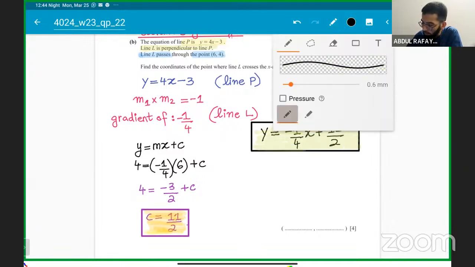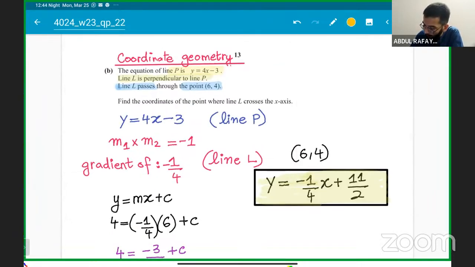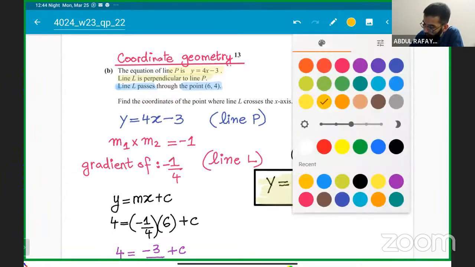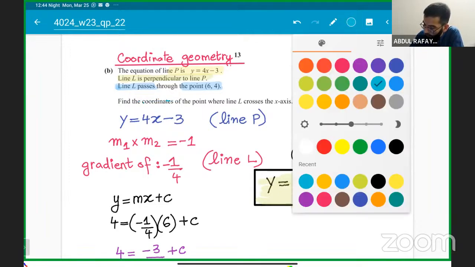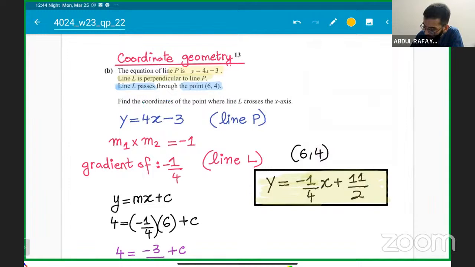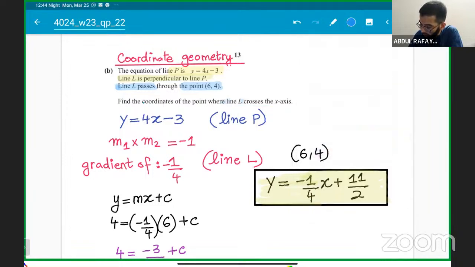What we need to understand here, very crystal clear, is what we still have to find: the coordinates of the point where line L crosses the x-axis, okay.